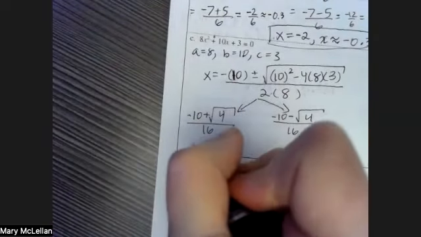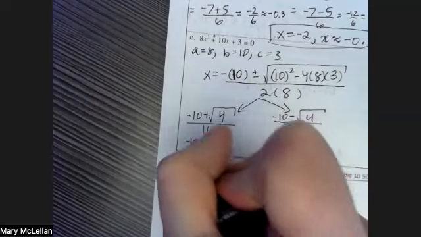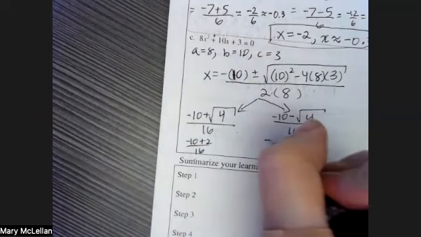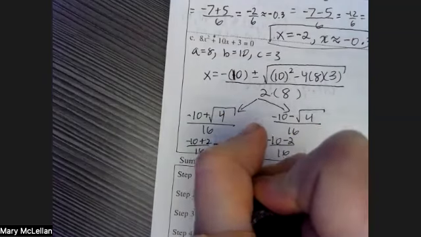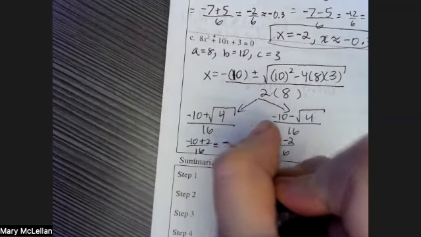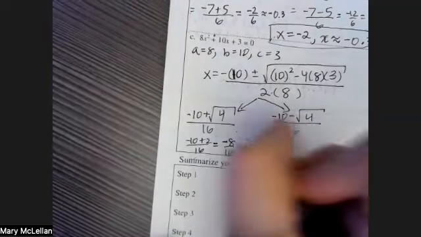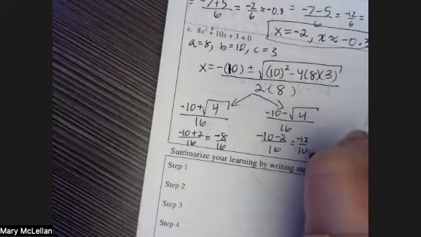So then, since I know the square root of 4, I'm not going to use my calculator for the next step. This is negative 10 plus 2 over 16 and negative 10 minus 2 over 16, which is negative 8 over 16. And this one is negative 12 over 16.